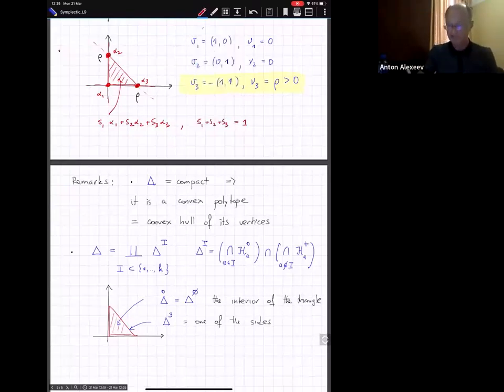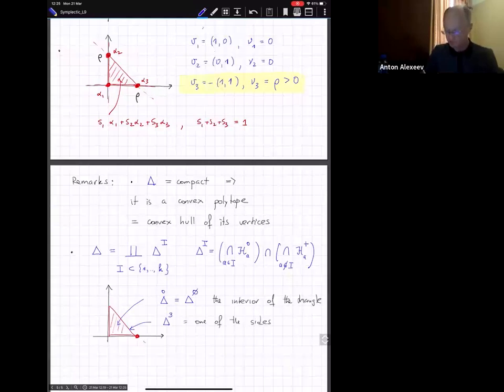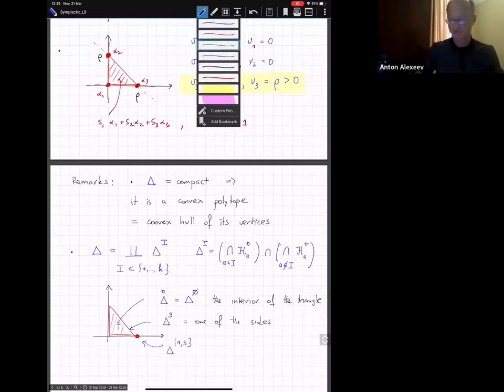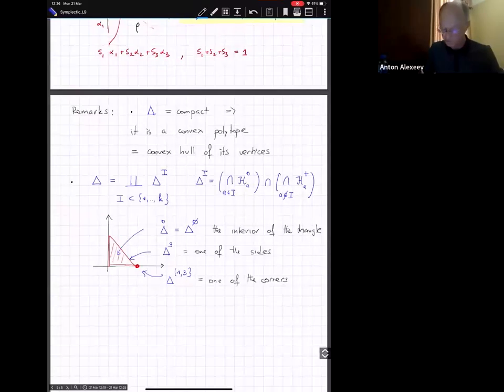Now, what about this gadget, the corner? So this is delta, I believe 1, 3. So that's one of the corners. And finally, what about delta 1, 2, 3? So what is it? Now all the inequalities are just equalities. Then what is the corresponding delta 1, 2, 3?